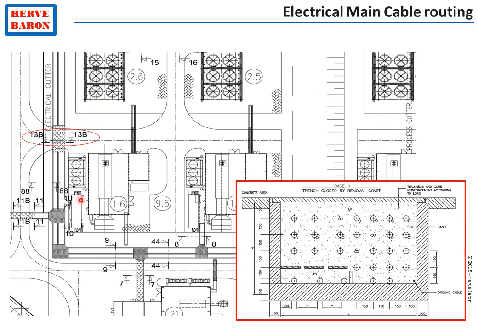Therefore, the electrical cable routing has an impact on the plant layout, and the electrical main cable routing must be produced early by the electrical engineer so that these routes, cable trenches, this allocation of the required space is taken into account by the plant layout engineer.